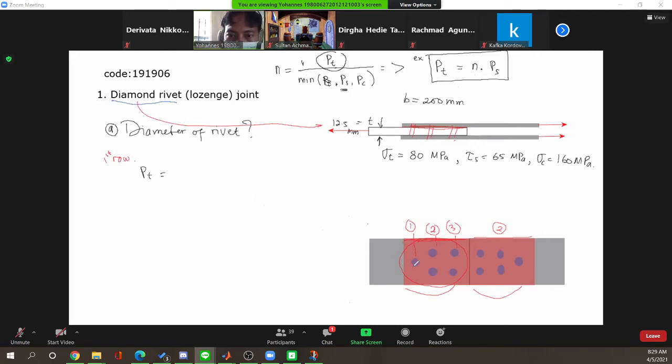Here we have only one rivet, so it will be like this. It will be 200 minus the diameter of the rivet. In my calculation, the rivet diameter is 21.2 millimeters.